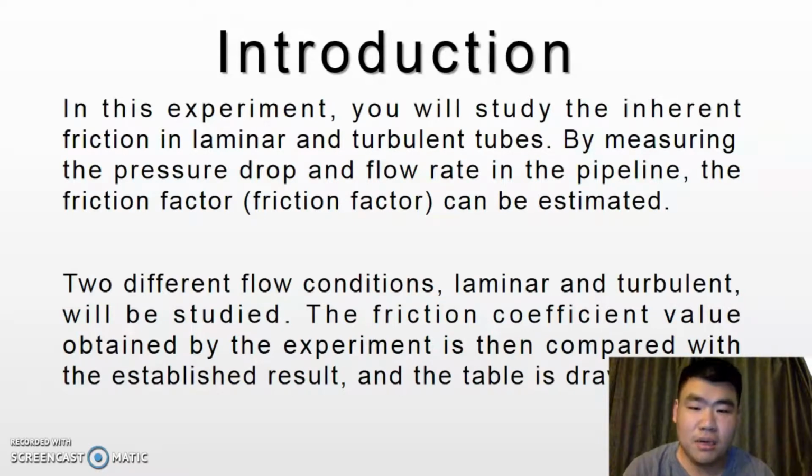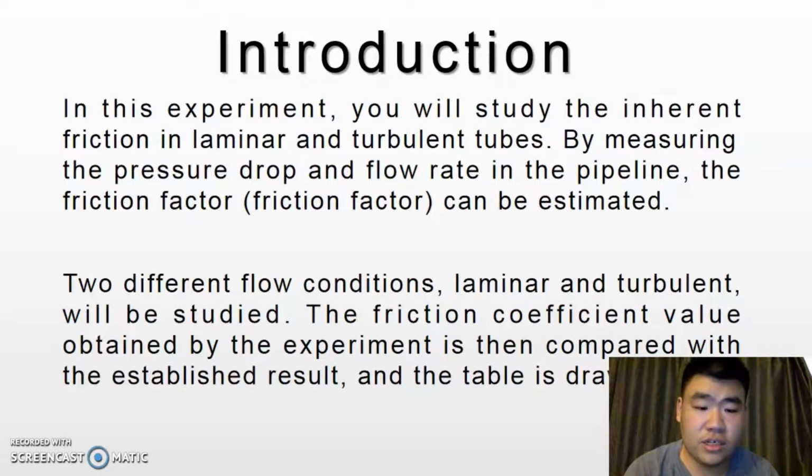And my part is about the introduction, about experiment 3. In this experiment, you will study the inherent friction in laminar and turbulent tubes. By measuring the pressure drop and the flow rate in the pipeline, the friction factor can be estimated, and two different flow conditions, laminar and turbulent, will be studied.